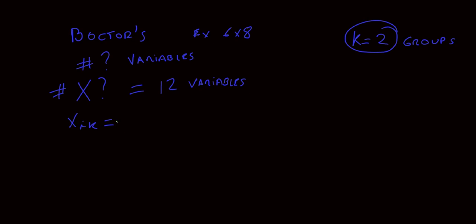If you want to see these variables, here I can expand for k equal 2. So I can expand this. This will be x 1 1. Another variable is for k equal 1, but I will have another for k equal 2: x 1 2, x 1 3, x 1 4, x 1 5, up to x 1 6.